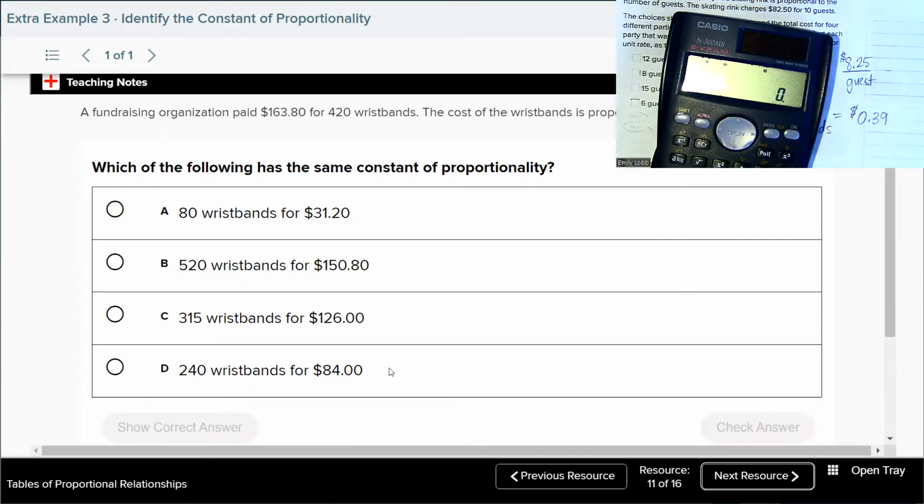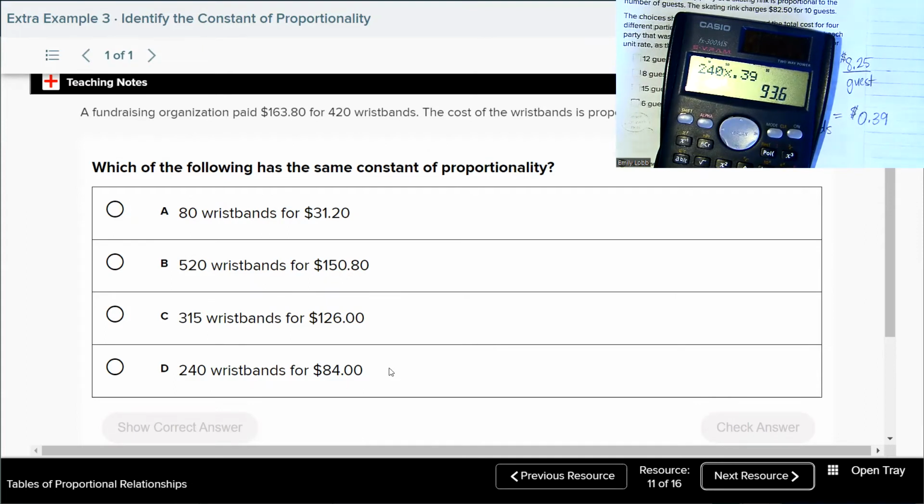Now let's try 315 times 39 cents. And that's $122.85. So they charged them more than the other unit price, maybe. And then 240 times 0.39 is $93.60.